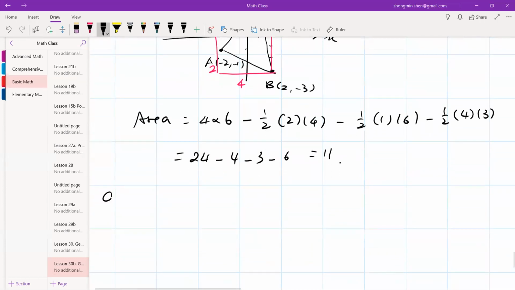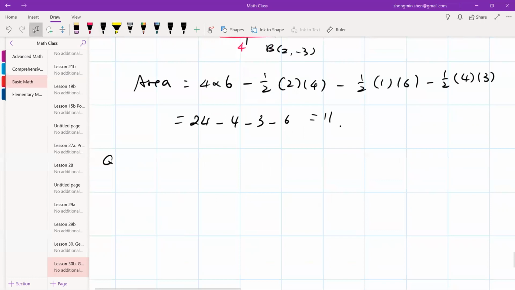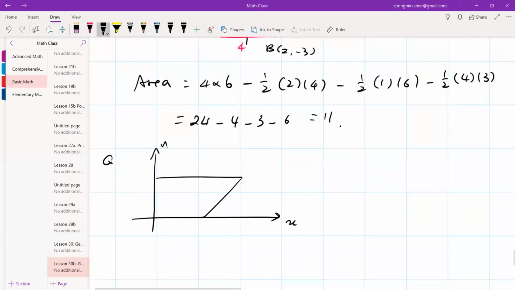All right, so let's look at a very challenging problem. I have something like that. Let me put the points here: 0 and 2, 2 and 4, no, 4 and 2, sorry, it's horizontal. And that's going to be, just assume, 3 and 0.